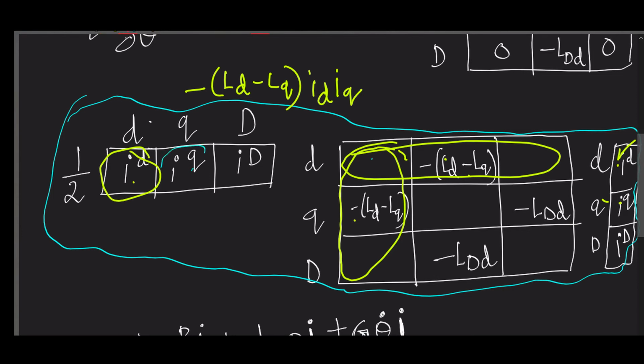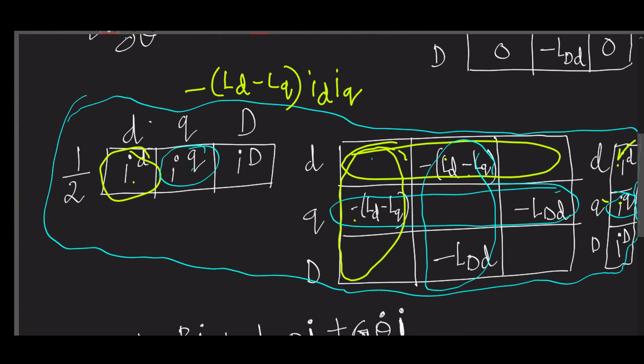The next one, Iq, if you allow this multiplication, it will multiply with this. If you allow this one, it will multiply with this, and accordingly you can understand.